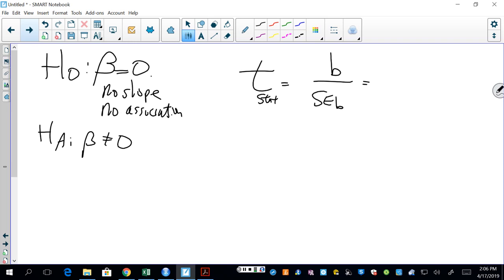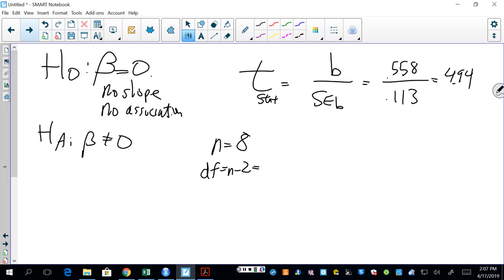And so this one, the coefficient is 0.558, and then the standard error is 0.113. The t-value is 4.94. That seems pretty big. N is only 8. Degrees of freedom in regression is n minus 2.